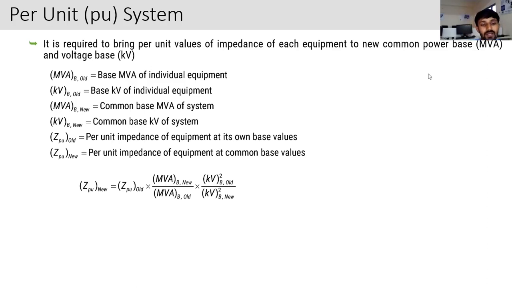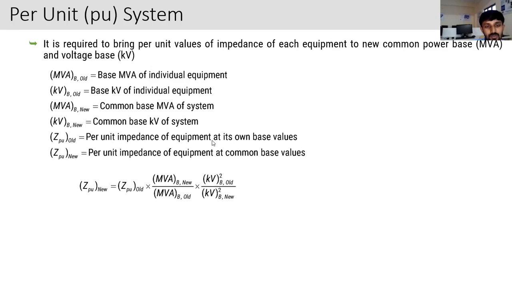How can we find the new base value of the impedance, current, or any other quantity? What base is used? MVA is the base MVA of the individual equipment, and kV is the base kilovolt of the individual equipment. All these things you can do on your own.